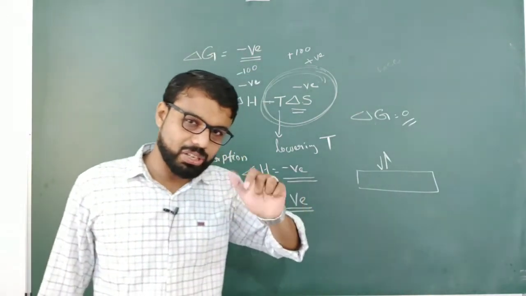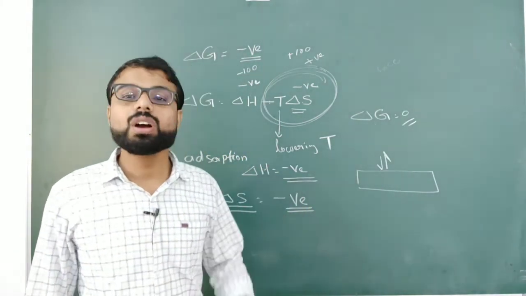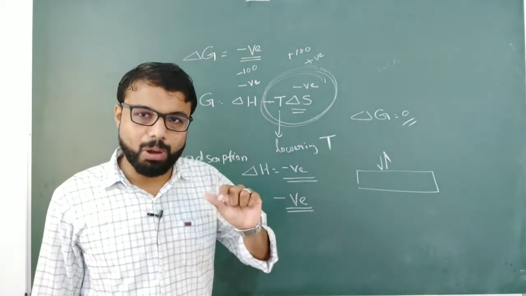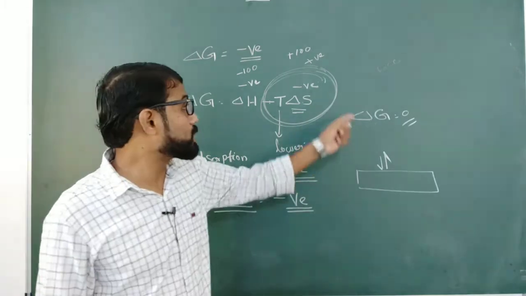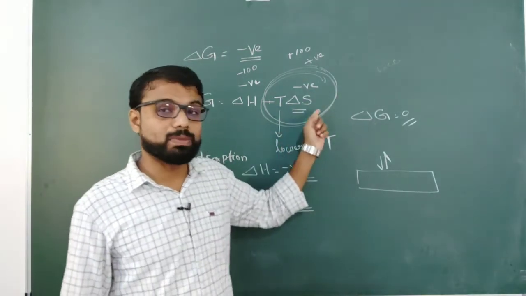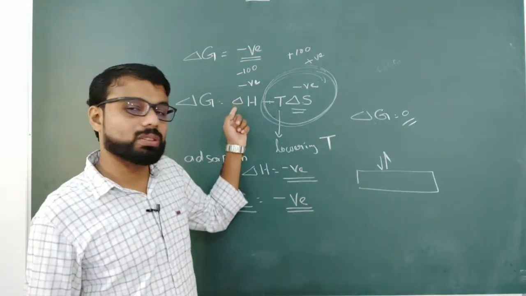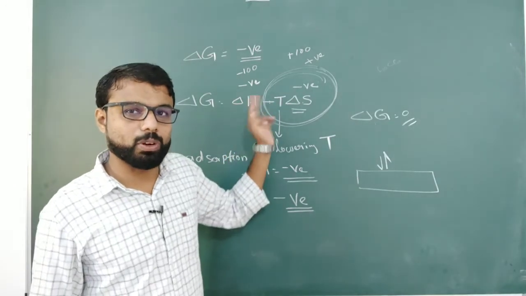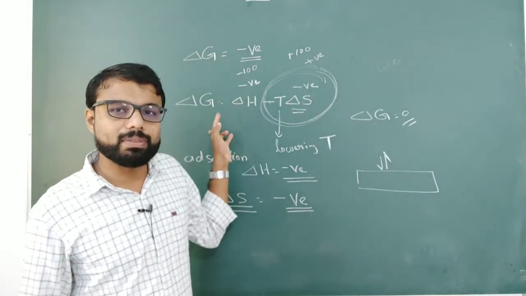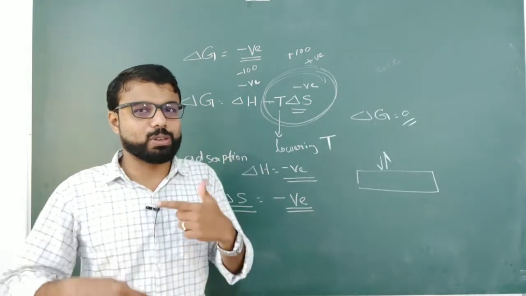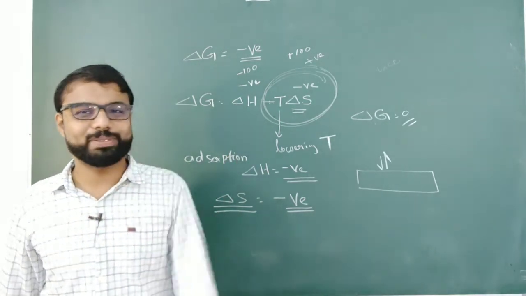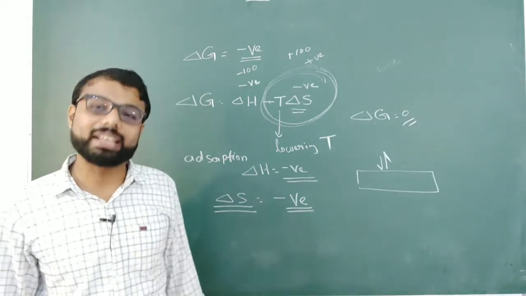So when temperature increases, adsorption and desorption reach equilibrium and delta G becomes 0. Why? Because minus T delta S becomes positive and delta H is negative, and both magnitudes become the same. If delta G is 0, the rate of adsorption and the rate of desorption are the same. Okay, that is equilibrium.